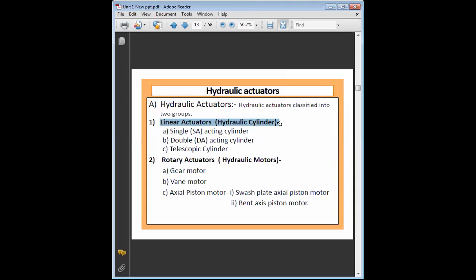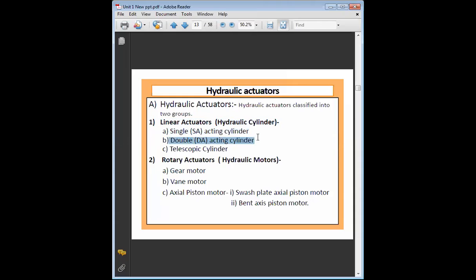Now, which are the different hydraulic cylinders under the linear actuator? That we should know. For that purpose, here I have written the classification. You can see the first subgroup of the linear actuator, the hydraulic cylinder, is the single acting cylinder. This is a type of hydraulic cylinder belonging to the linear actuator category.